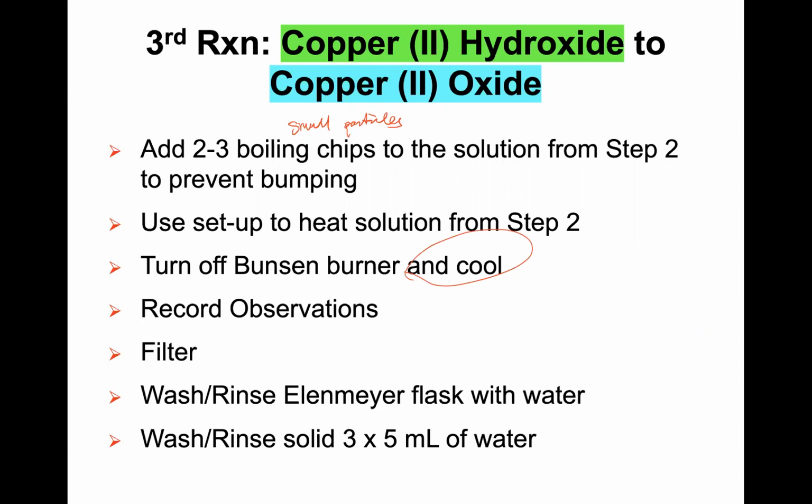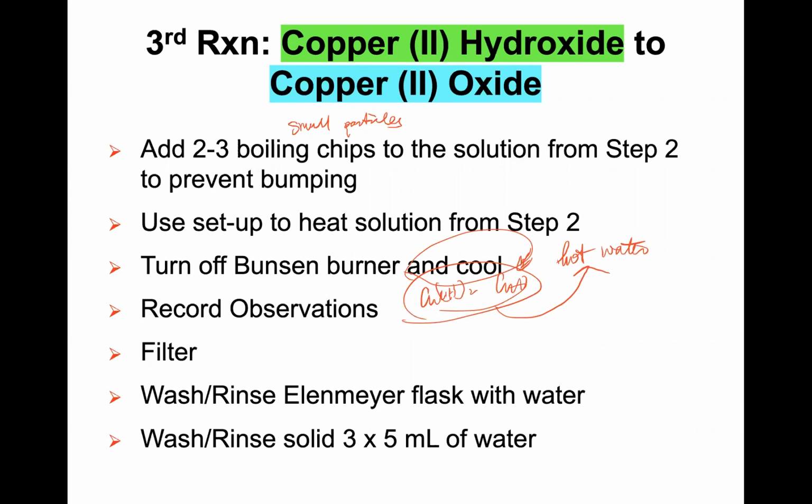Make sure it's cool. You cannot transfer the hot solution to do the filtration, because even though we mentioned that copper hydroxide and copper oxide are insoluble in water, you used water close to boiling, and their solubility in hot water will be higher than in water at low temperatures.